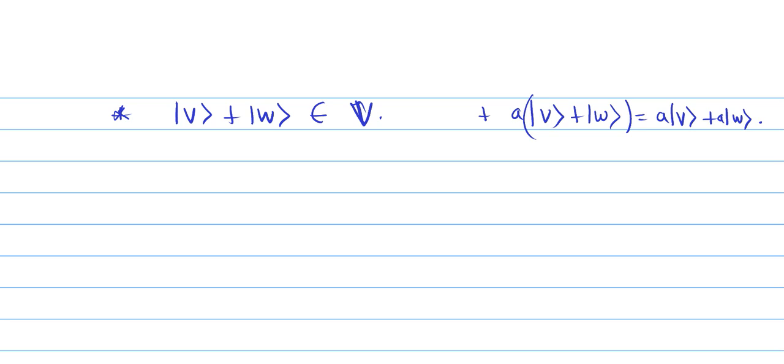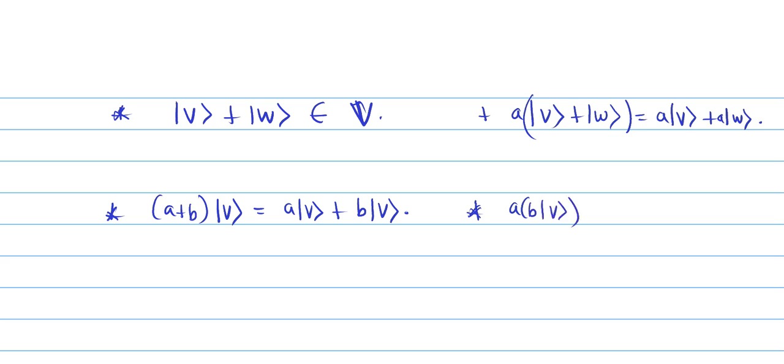Third rule is scalar multiplication is distributive in the scalars also. That means a plus b times any vector will be a times v plus b times v. Scalar multiplication will be associative. That means the order will not matter in the multiplication rule.